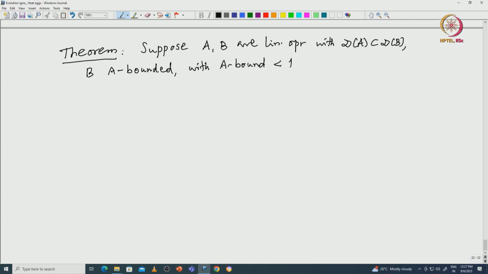So, these are the assumptions on the operators A and B. Okay. Then the following hold.